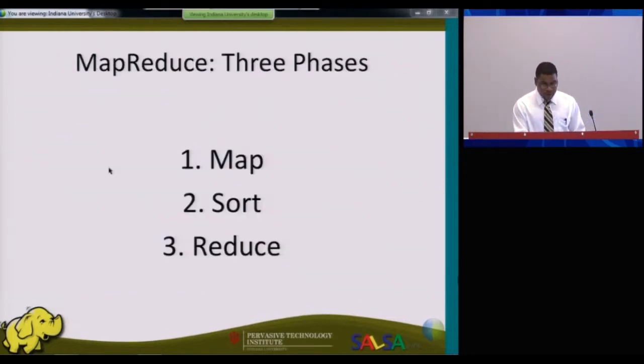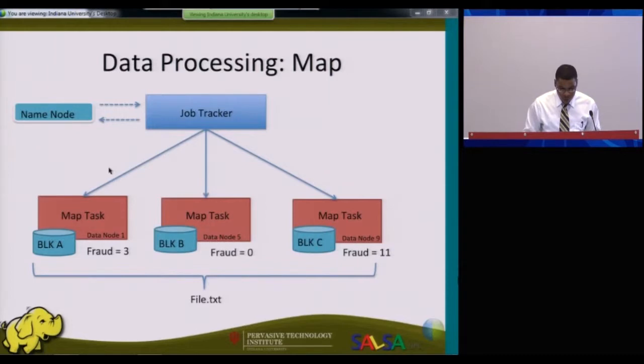So there are 3 phases here: the map, sort, and reduce phases. Here I have my map task. The goal is to process the data. Each map has a block of data, and I want to be able to process that.